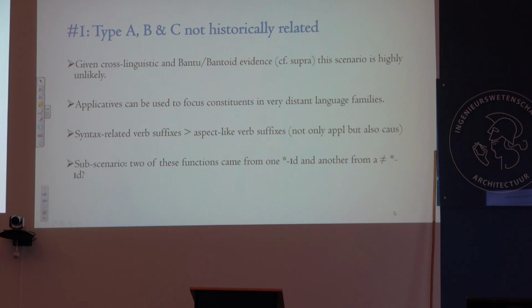Peterson says that there is really probably some sort of connection between the two functions, but it's not really clear what it is. And syntax-related verb suffixes, we know now that they can evolve into aspect-like verb suffixes. So a possible sub-scenario here would be maybe 2 of these functions are related and came from one id, and then another came from a different id.